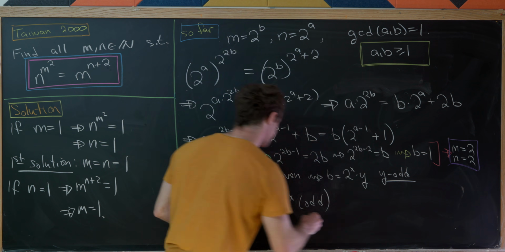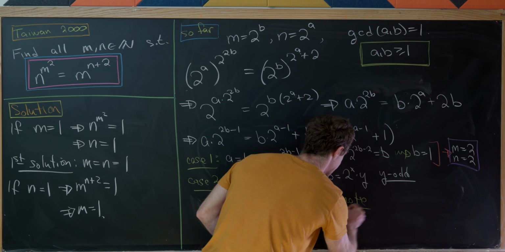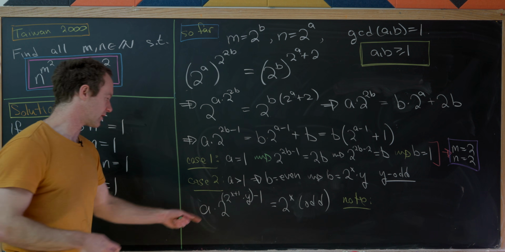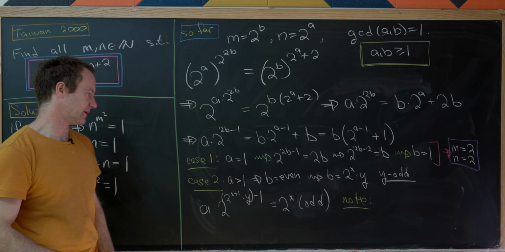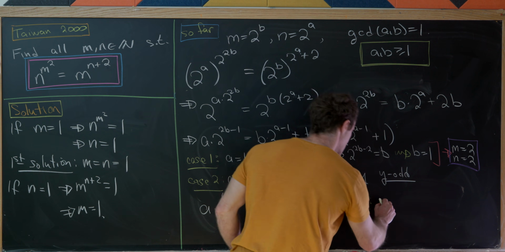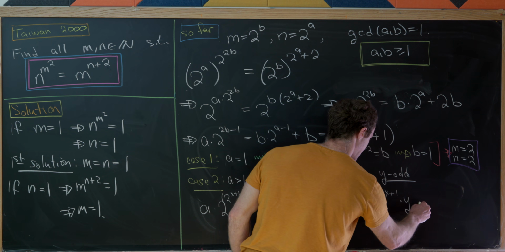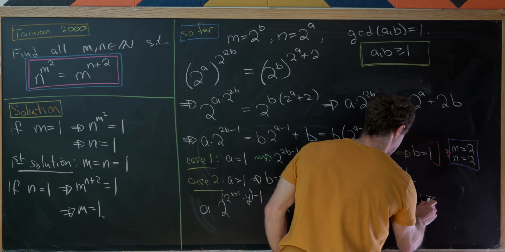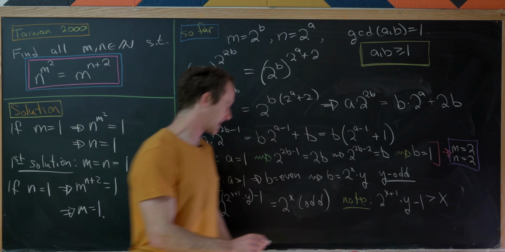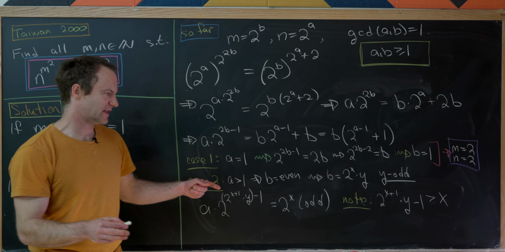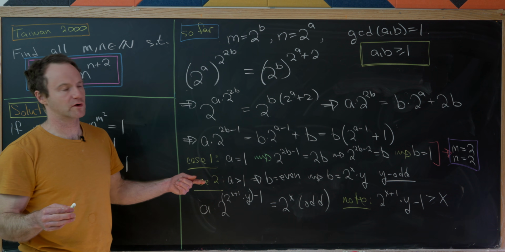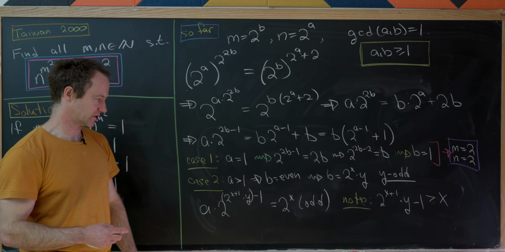But now let's notice the following. Notice that the power of 2 over here on the left-hand side is larger than the power of 2 on the right-hand side. We have 2 to the x plus 1 times y minus 1 is definitely strictly bigger than x. And that's just because that exponential really quickly outgrows that linear term.